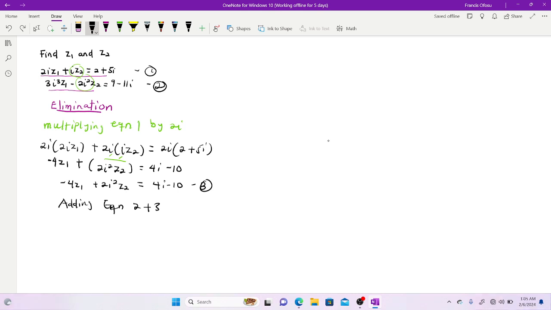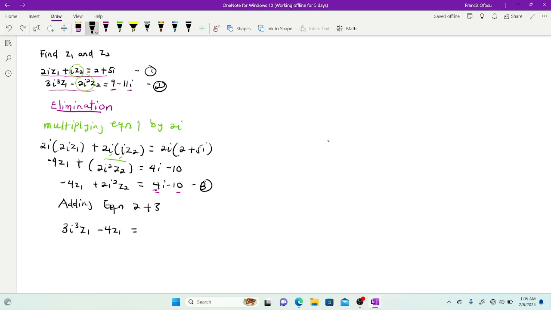So I'll be left with 3i cubed z1 minus 4z1 is equal to, then at this point I'll add my 9 to the -10, then -11i will correspond to 4i. So if you have -11i plus 4i, you'll be getting -7i.